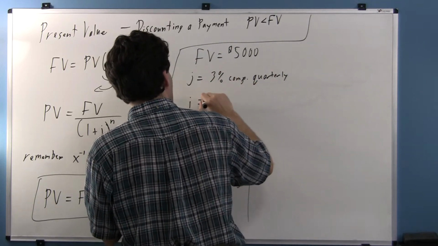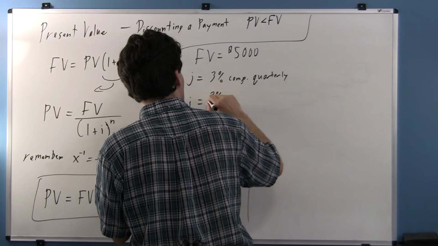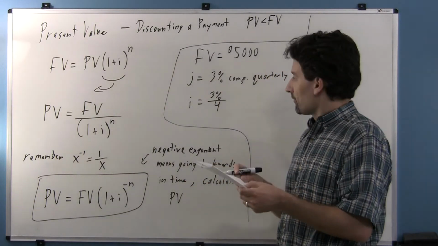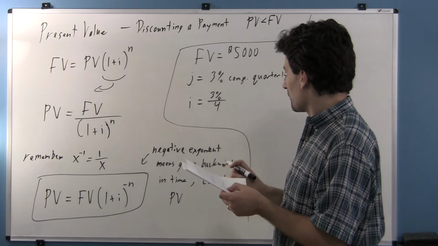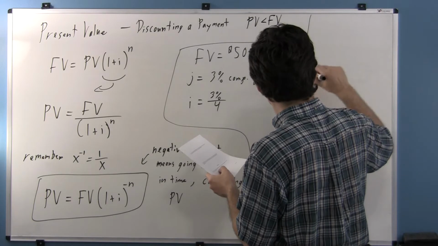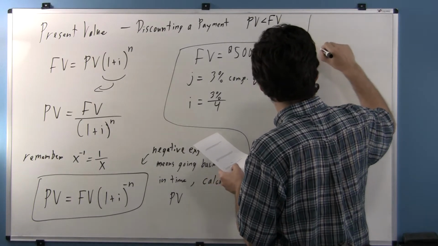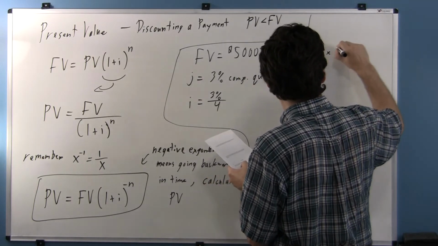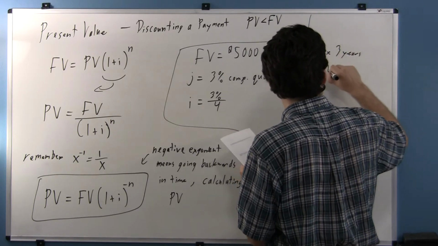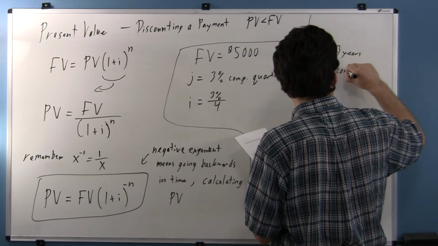Then i is going to be 3% divided by 4 for our purposes. And we said 3 years, so n is going to be 4 times 3 years. n is going to be 12 compounding periods.